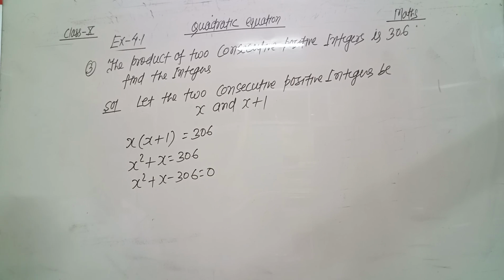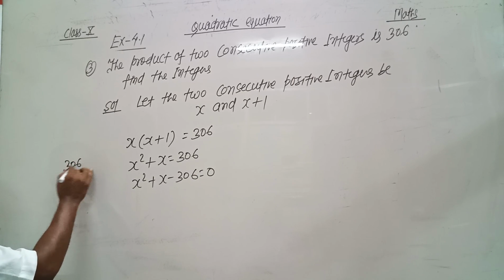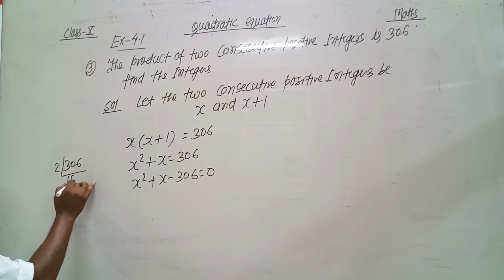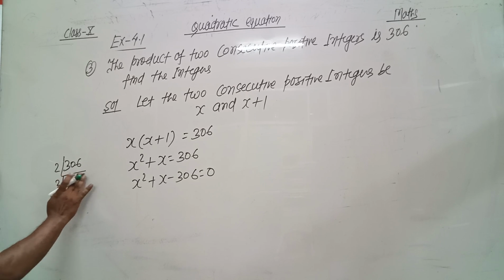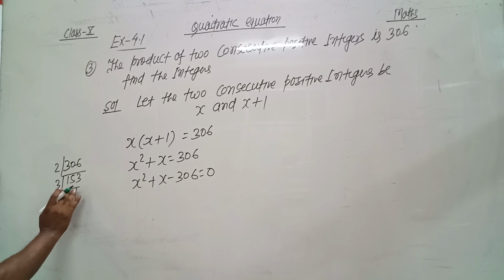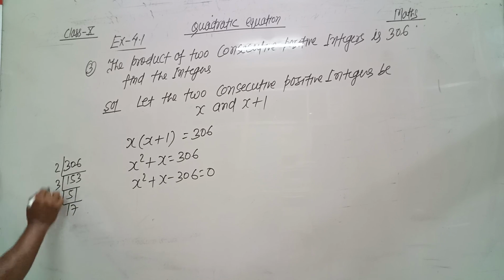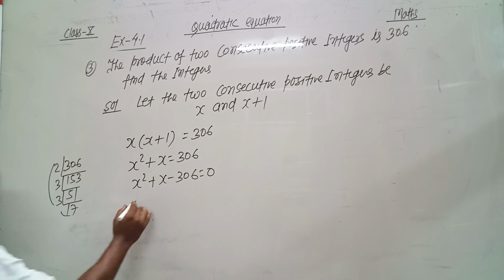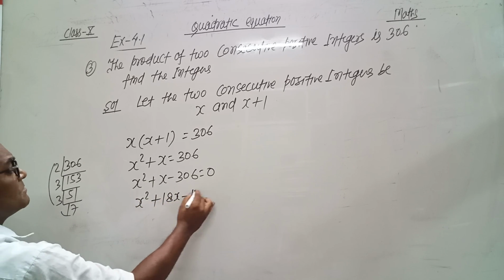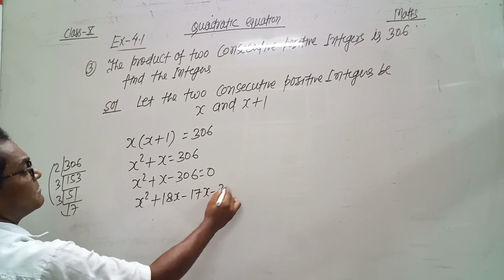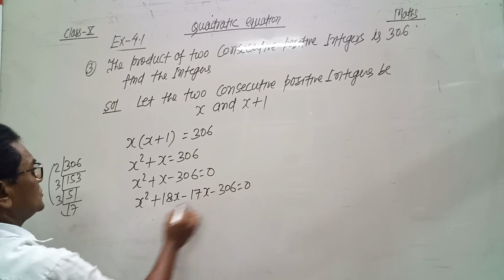Make the factors of 306. So 153 and 51, then 17 times 3 is 51. The two values are 18 and 17. x square plus 18x minus 17x minus 306 equals 0.